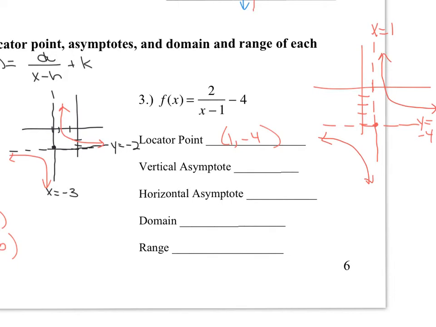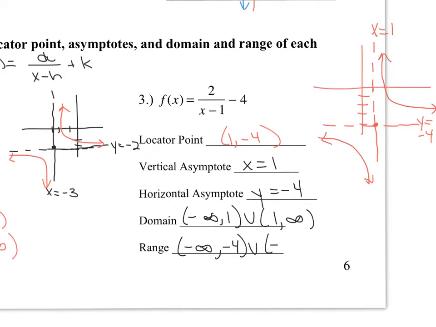So we already picked out our vertical asymptote, which is x equals 1, and the horizontal is y equals negative 4. And the domain for this one, negative infinity to 1, union 1 to infinity. And then the range, negative infinity to that y value at the asymptote, negative 4, union negative 4 to infinity.